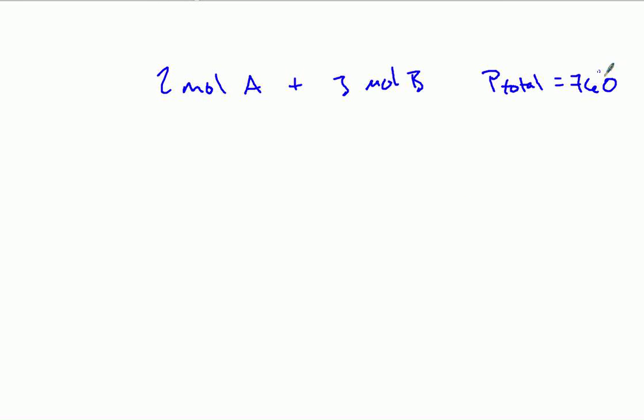I can tell you that you have a mixture of A and B again, and that you have 2 moles of A, and you have 3 moles of B. And then tell you that the total pressure of that system again is my same 760 from before, right? 760 torr.